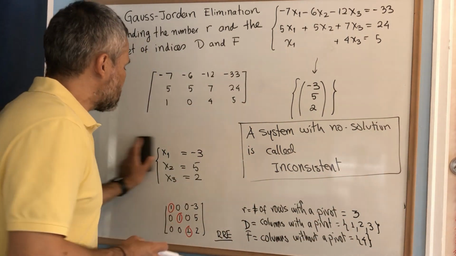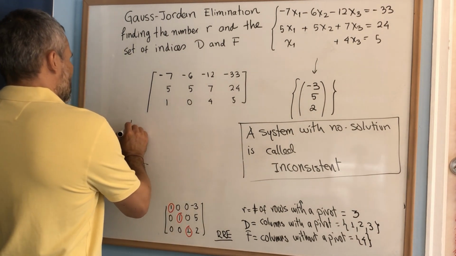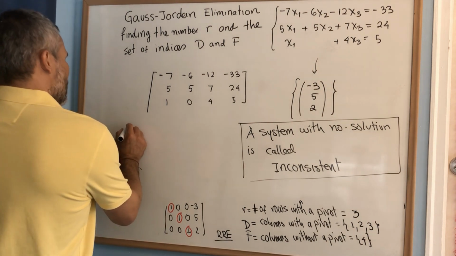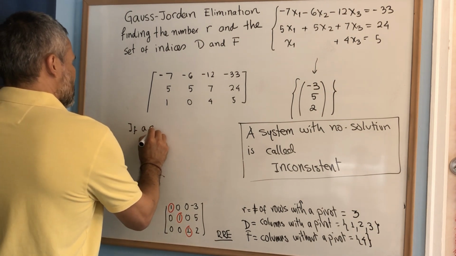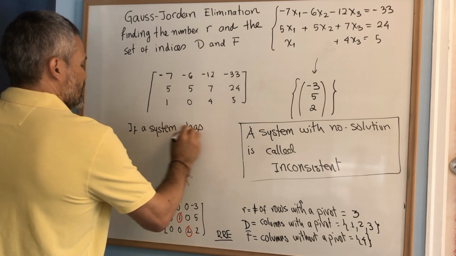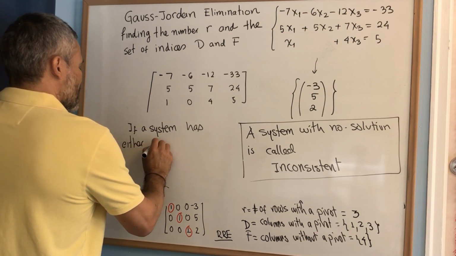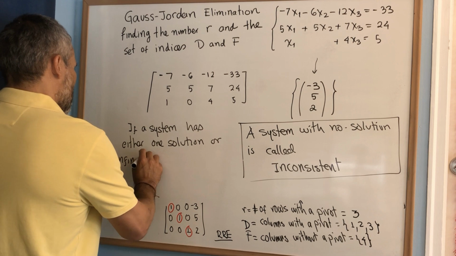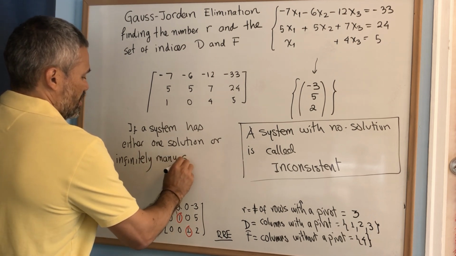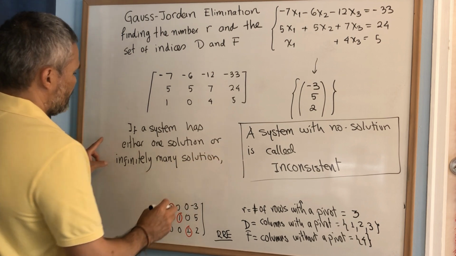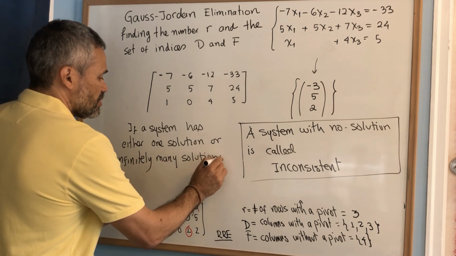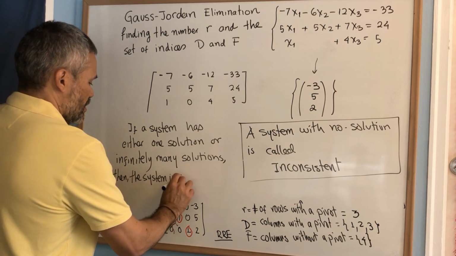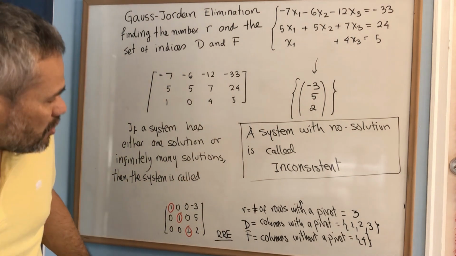And we also have that if a system has either one solution or infinitely many solutions, then the system is called consistent.